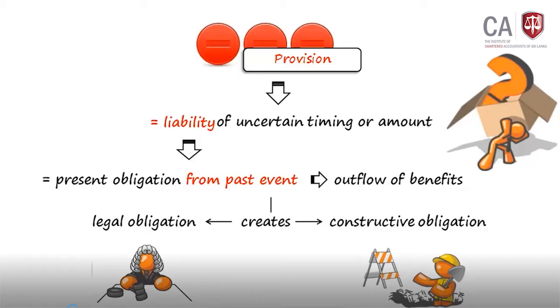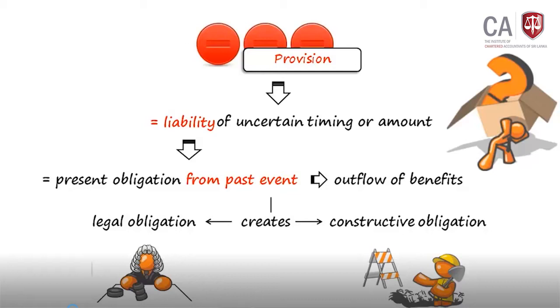Let's say creditors, a liability. When you purchase raw material from your suppliers on a credit basis, that will create what? Liability. Why? Because it's a past event. Presently you have an obligation. When you settle that liability, there is an outflow of economic benefits.